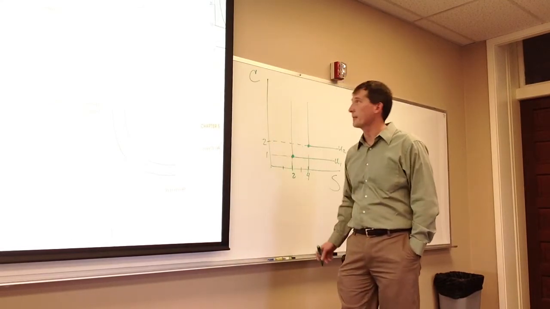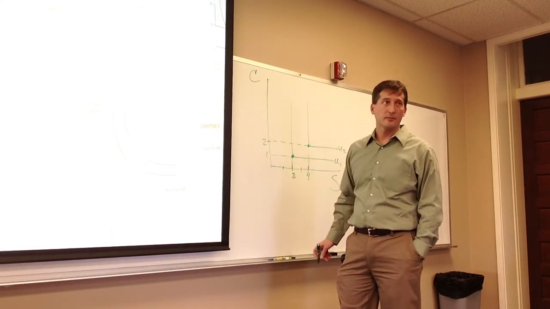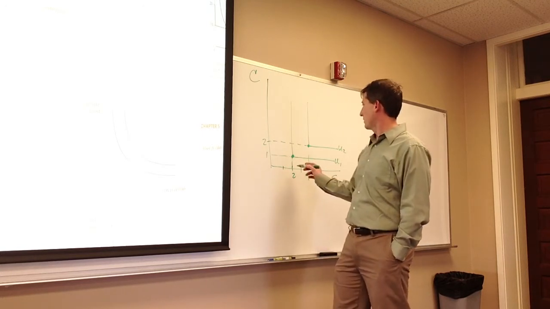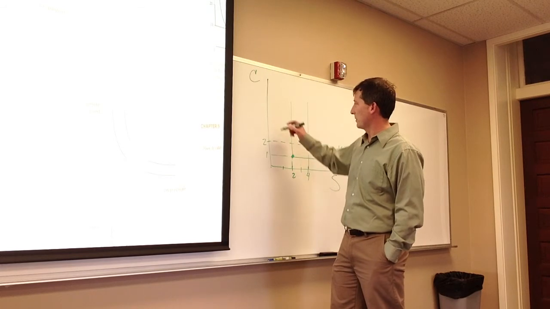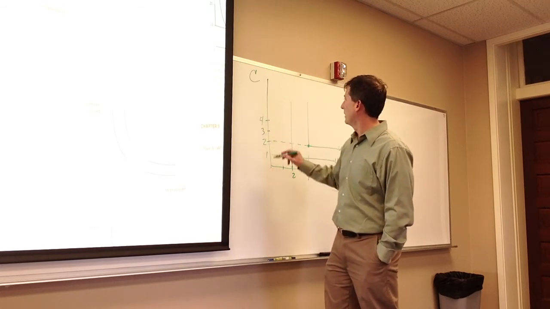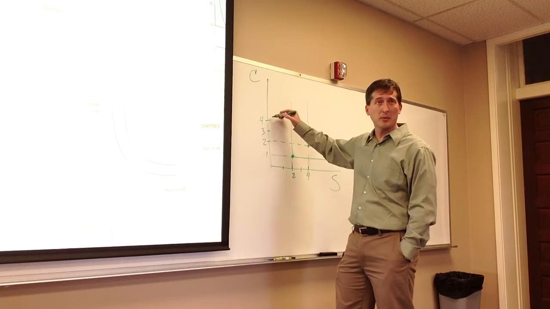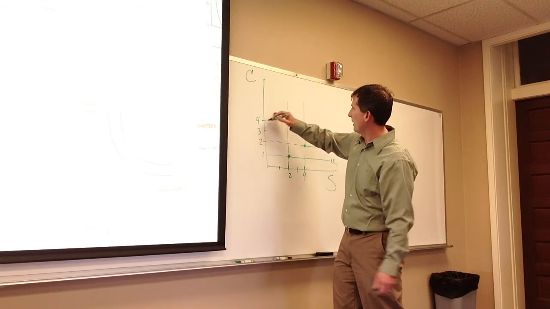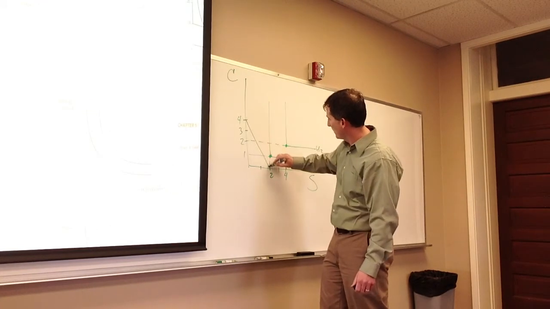It said shampoo's $2, conditioner's $4. Shampoo is 2 to 4, so we have a slope of 2 here, right? So if we had a budget line, conditioner's twice as expensive as shampoo. Is that right? So we'd have a budget line.